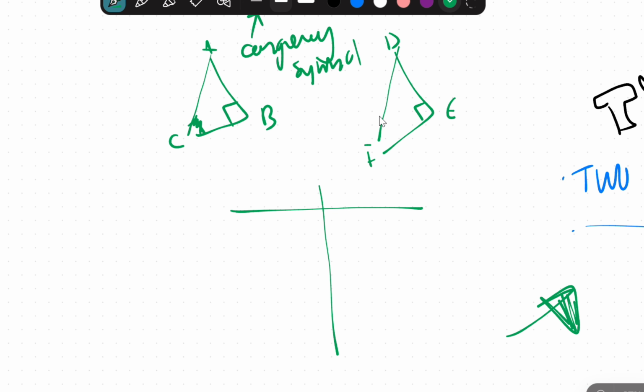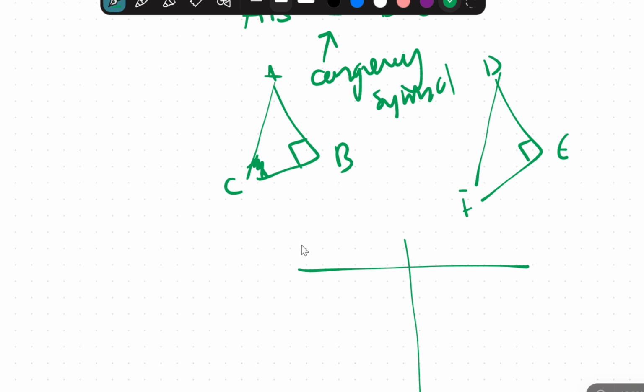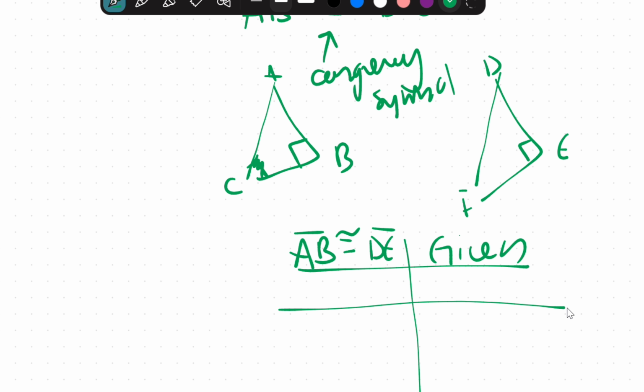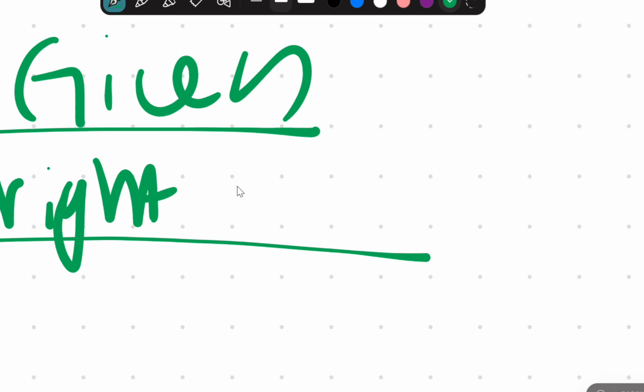So what I would first start with is everything that I'm given. You would say segment AB is congruent to segment DE, and your justification would be given, and then you'd continue. And then you'd say angle B is congruent to angle E because right angles are congruent.